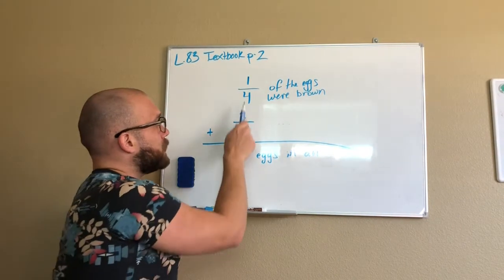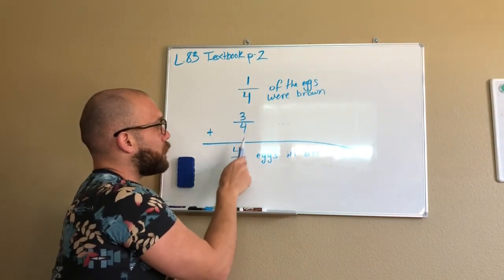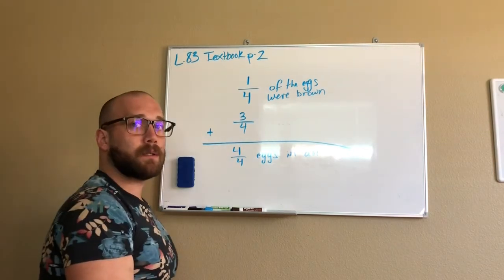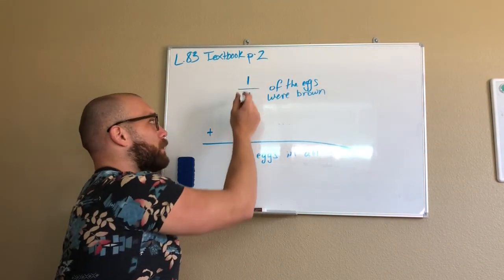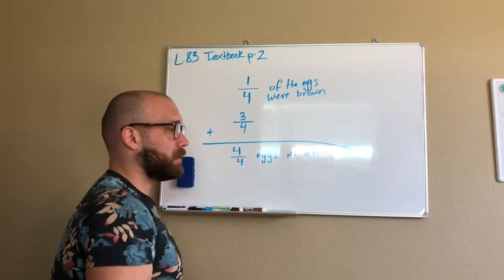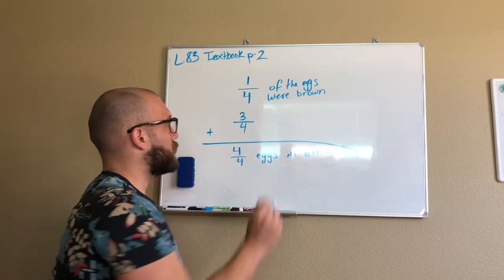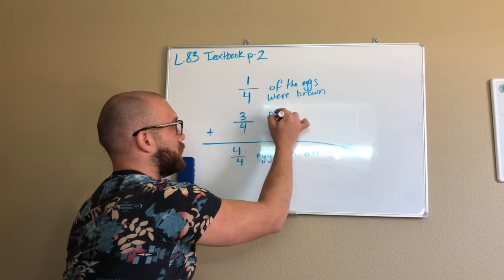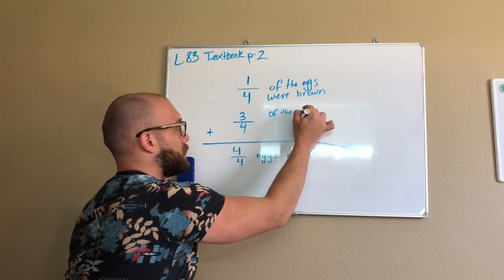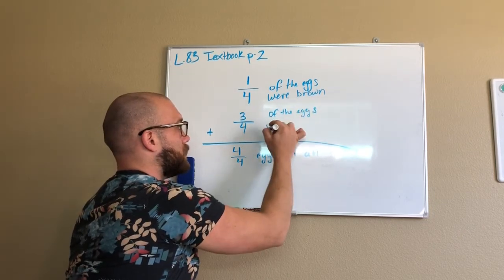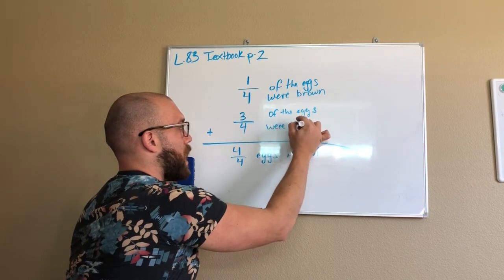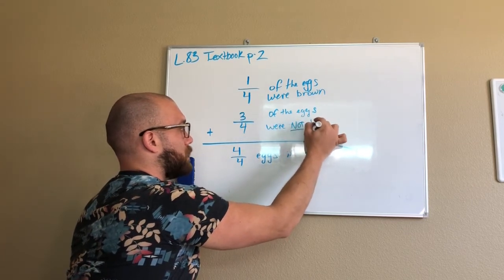I'm subtracting 1/4 from 4/4 to get 3/4. Then I go back and I add 1/4 plus 3/4 to make sure that still equals 4/4. It's always good to check your math. Check your work. So 3/4 of the eggs were not brown.